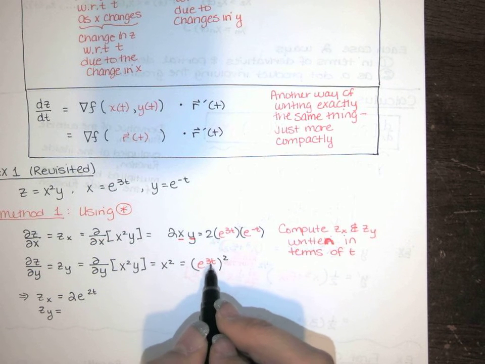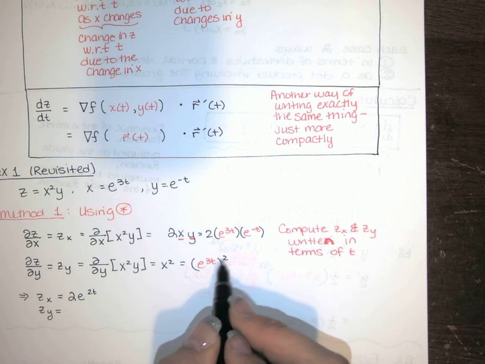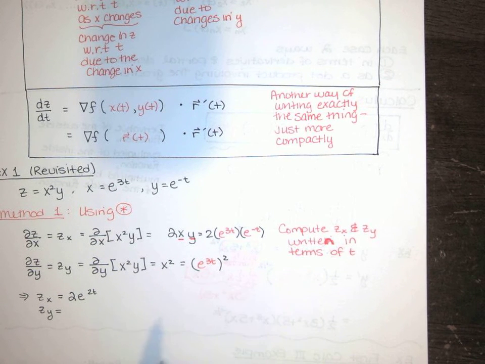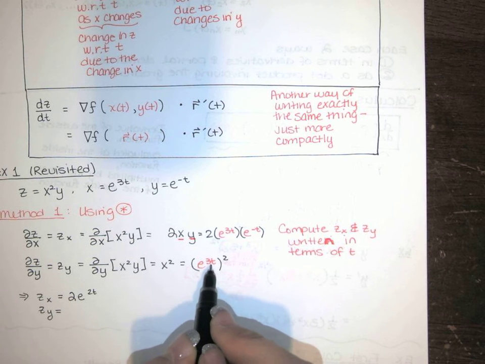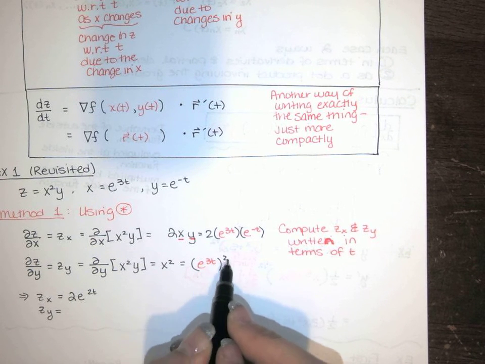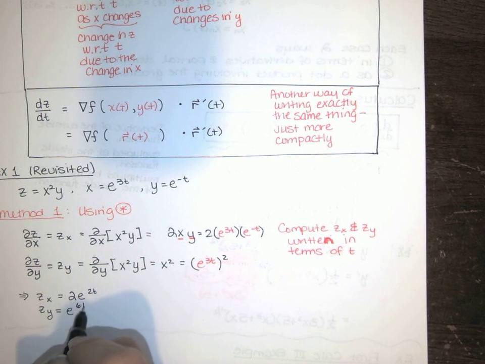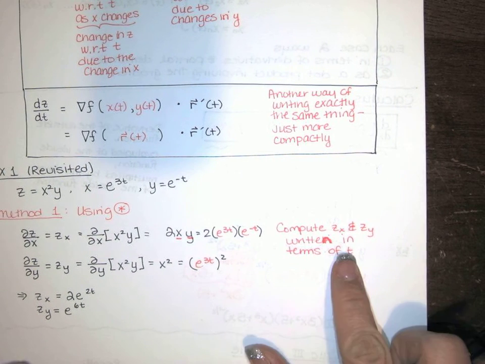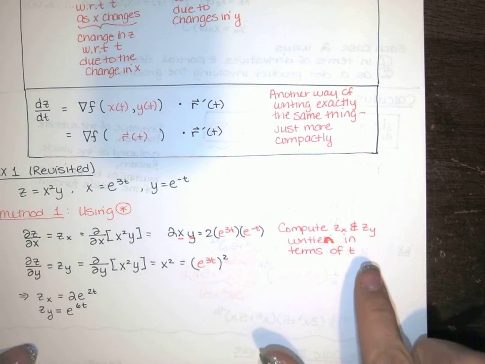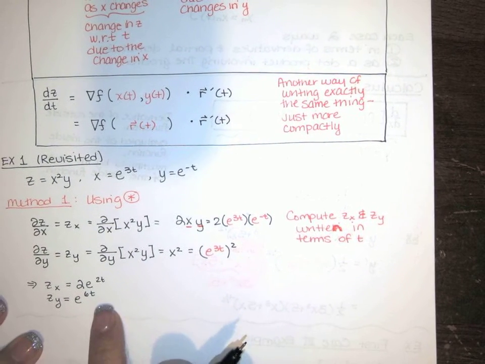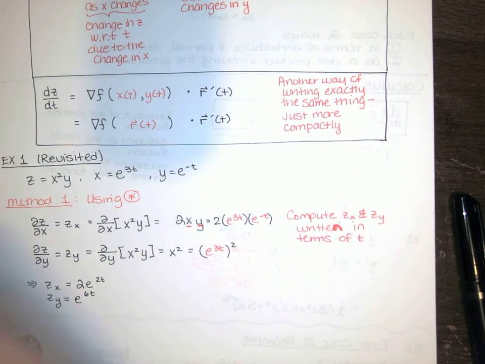Remember how that works? x to the n to the m, we multiply the exponents. This is the same, it's just a different base. So I've got e to the 3t squared is e to the 3t times 2, so e to the 6t. 3t times 2 is 6t. So we wanted those two partials written in terms of t, and we've got them. Okay, that was our first step.